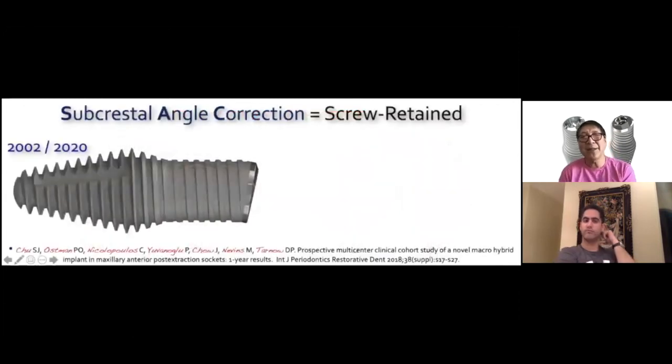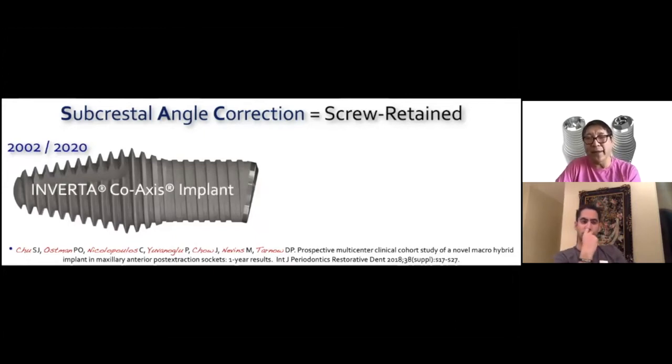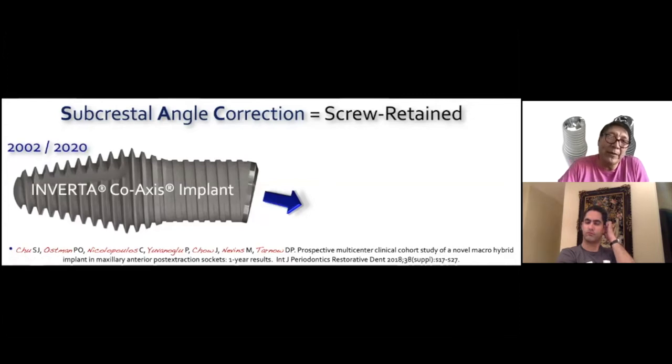Now, how does this coaxial concept work? It was designed in 2002 to have the ability to do more screw retained restorations, because the head of the implant has this sort of offset. There's an internal offset built inside the implant, so you're changing the angulation of the implant at the implant level, not the abutment level.